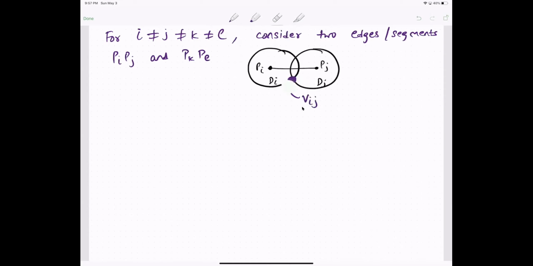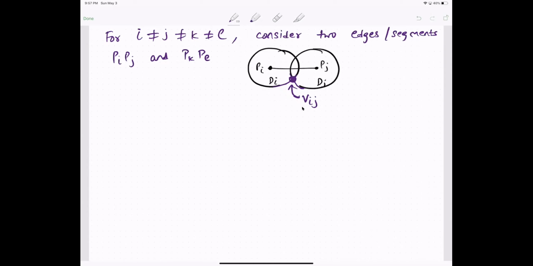Let's assume Vij is one of the points which is on the boundary of the union of D. Right? That's why.